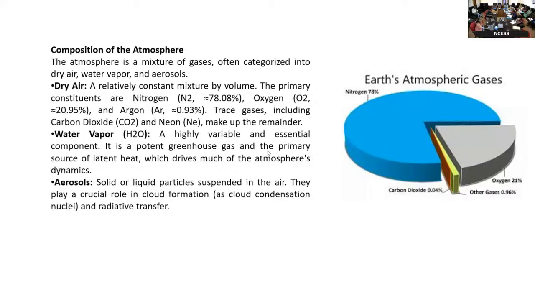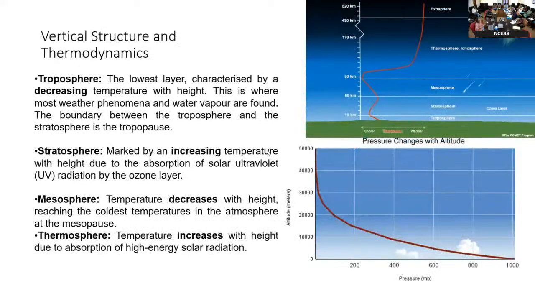So this is basically the composition of the atmosphere, and next we move to the vertical structure and thermodynamics. First comes the vertical profile of temperature. The structure of the atmosphere is defined by which parameter?